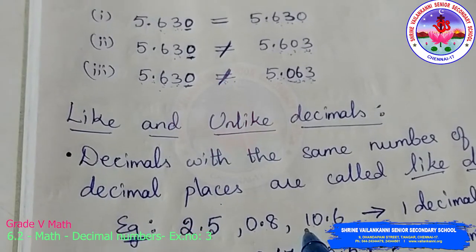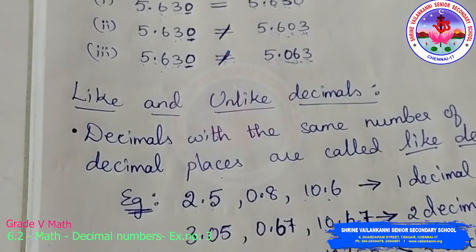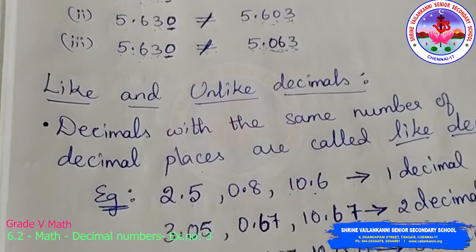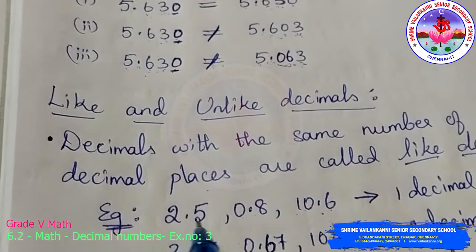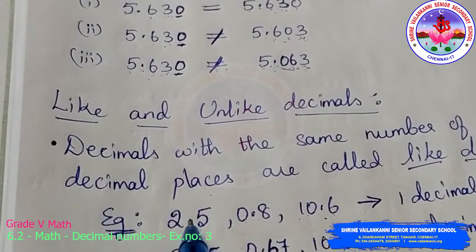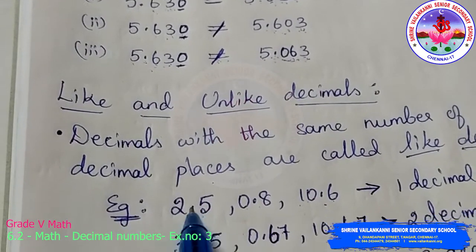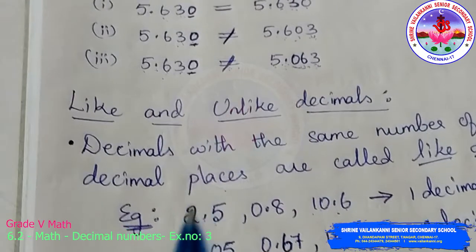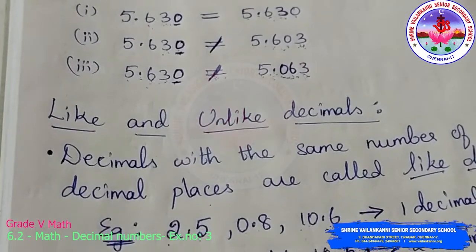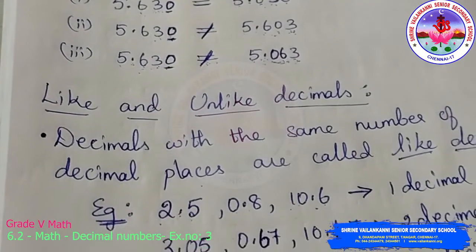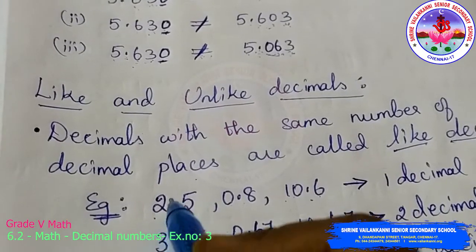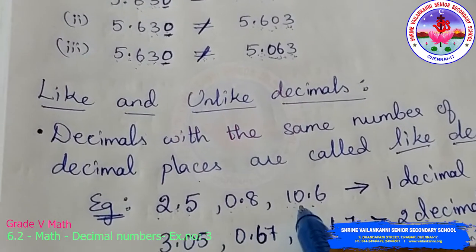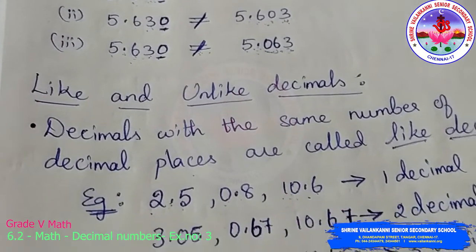To find out whether they are like or unlike decimals, you have to compare the digits after the decimal, not the whole number. You don't need to compare the whole numbers, just compare only the decimal places.